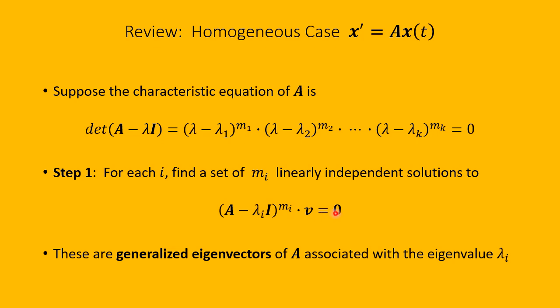The solutions v to this equation are called generalized eigenvectors of A associated with that eigenvalue lambda sub i. So we're going to find generalized eigenvectors corresponding to lambda sub 1 in this factor. We'll find generalized eigenvectors corresponding to lambda sub 2 all the way through generalized eigenvectors corresponding to lambda sub k.